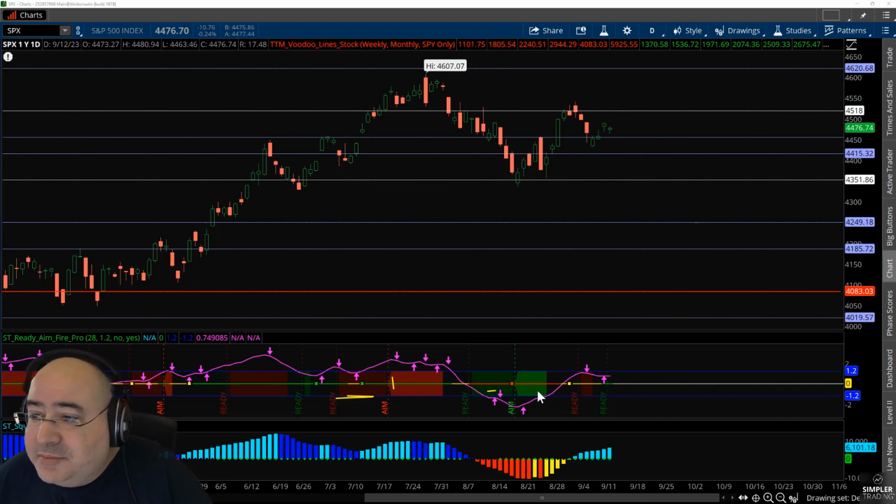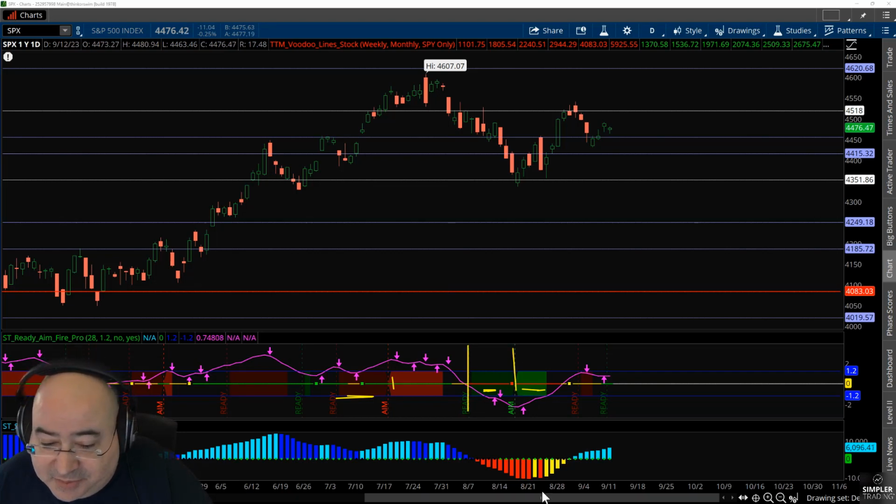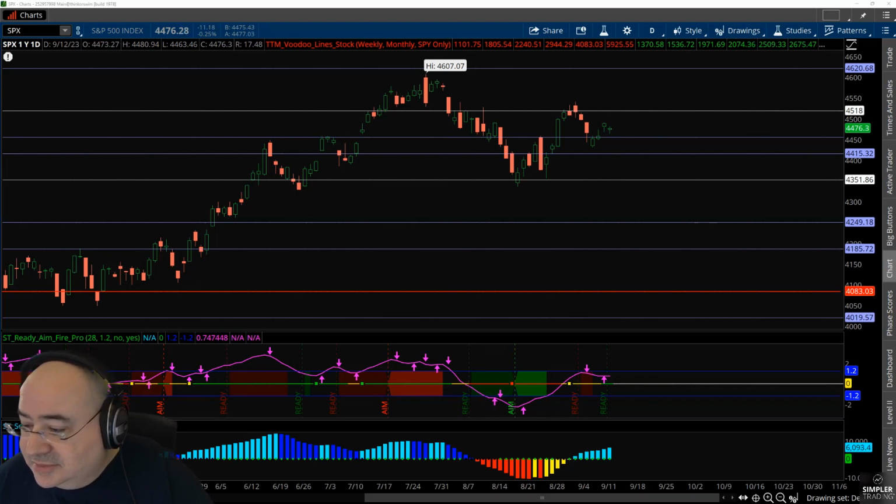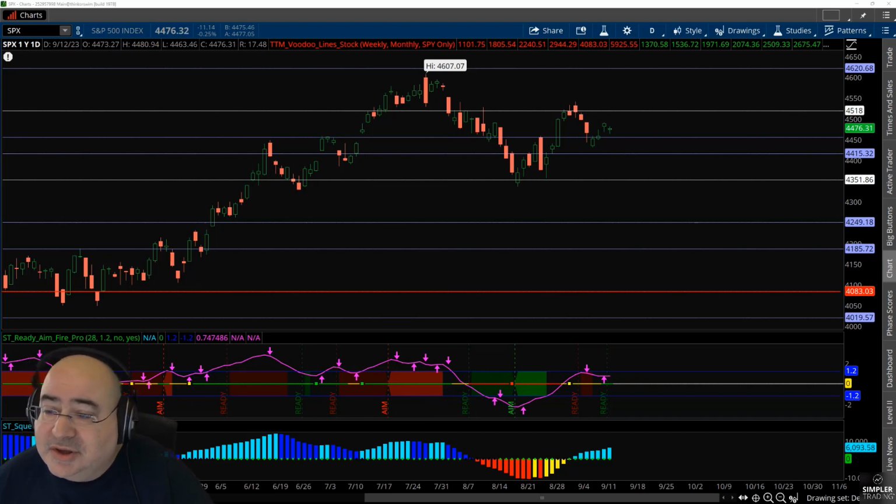The opposite for buying opportunities: dark green ready, bright green aim. In TOS, we actually have lines that have the words ready and aim. We don't have that on the other platforms, but it makes it even clearer than just the colors what's going on.